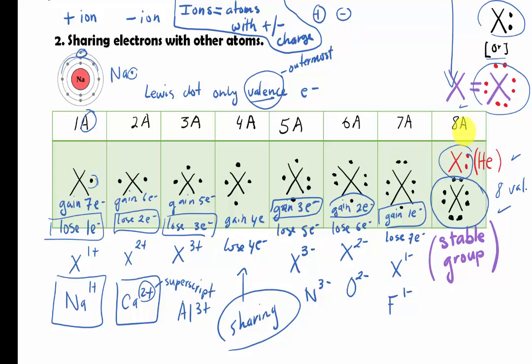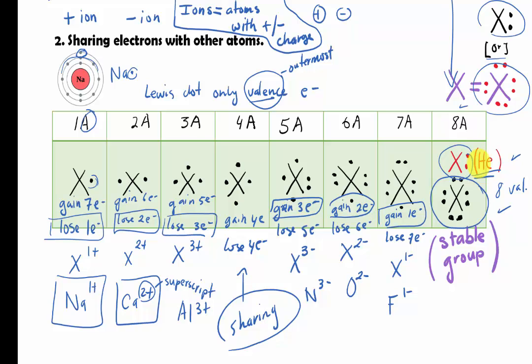And lastly, we have group 8A. It's already stable. It's not going to do anything. That's the reason why helium is very stable and very safe. Think of the helium balloon that you have during your birthday party. If helium were not stable, that wouldn't be a fun birthday party to go to.